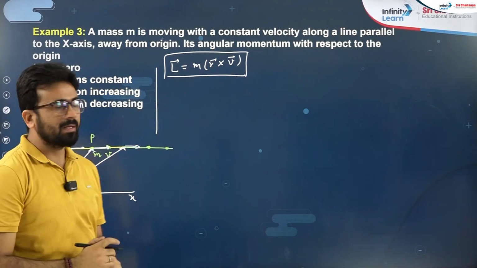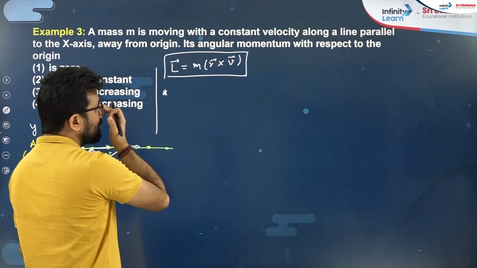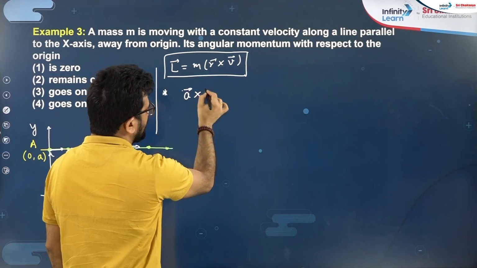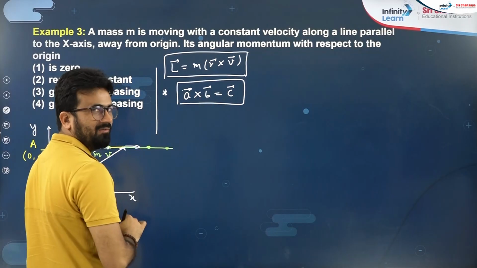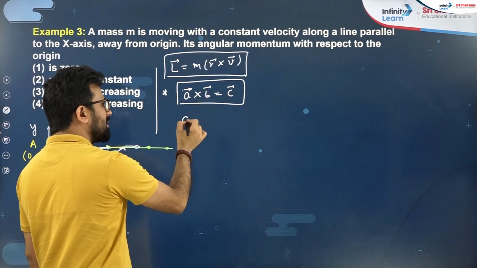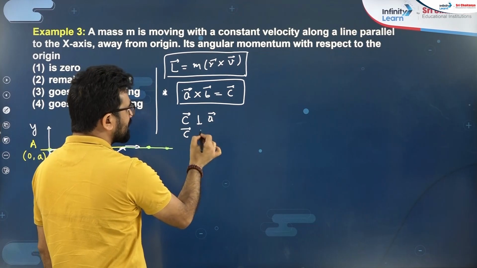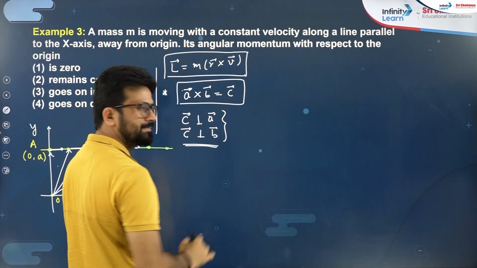We know from the cross product of vectors, suppose I take two vectors, A cross B is equal to C. What is the property of these vectors? You have to understand first. This C vector is always perpendicular to A, as well as C vector is always perpendicular to B. The very first thing you have to be clear about.